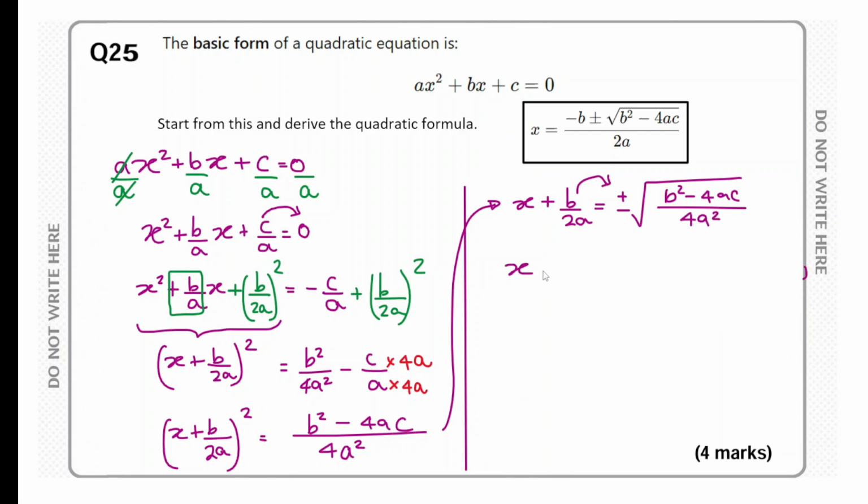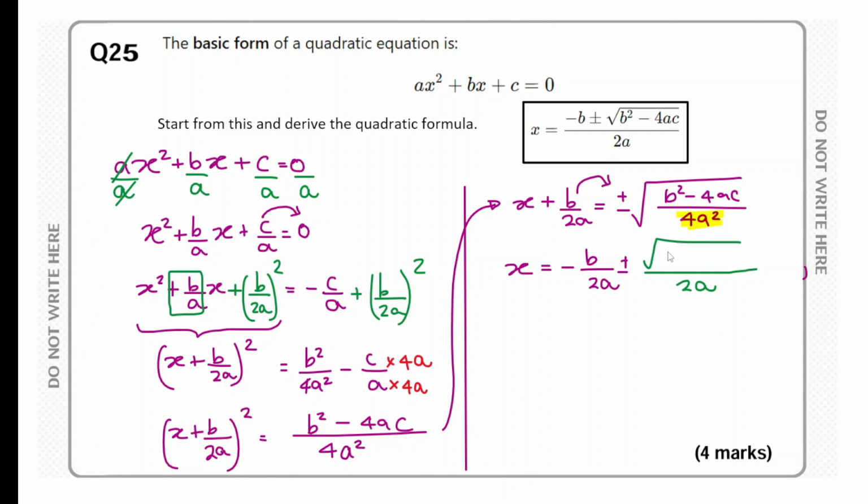So I get x is equal to minus b over 2a plus or minus. Now this 4a squared can be rooted to give 2a. So I'm going to get that as just 2a. I just took a square root of that. The top bit still has the square root sign, so I'm just going to leave it as it was.